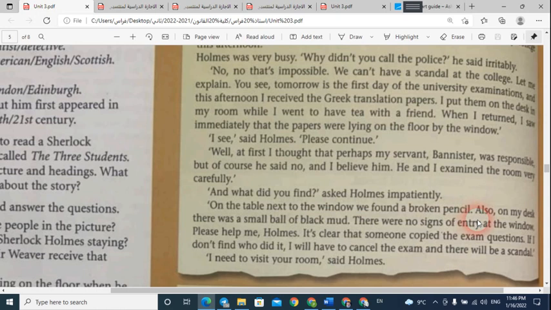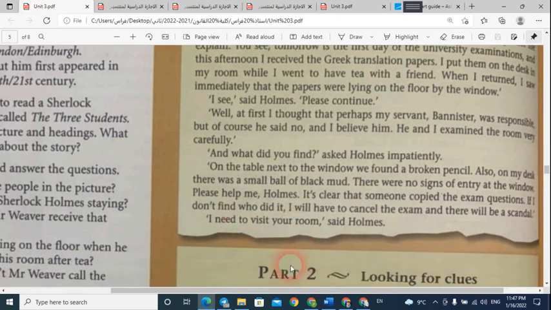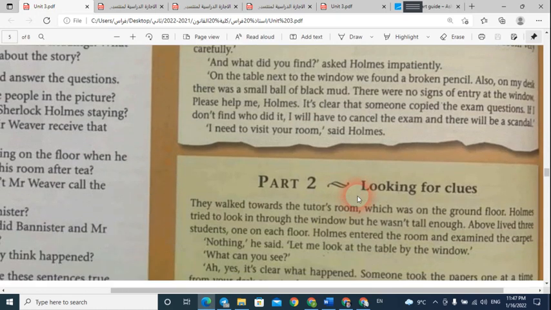Also on my desk, there was a small ball of black mud. There were no signs of entry at the window. Please help me, Holmes. It's clear that someone copied the exam questions. If I don't find who did it, I will have to cancel the exam, and there will be a scandal." "I need to visit your room," said Holmes.